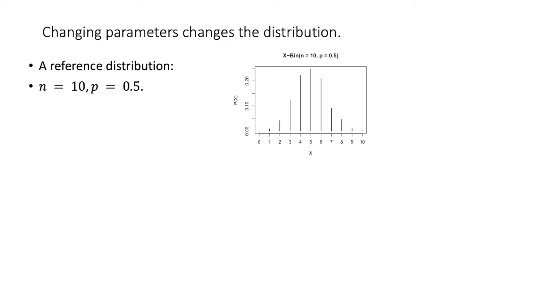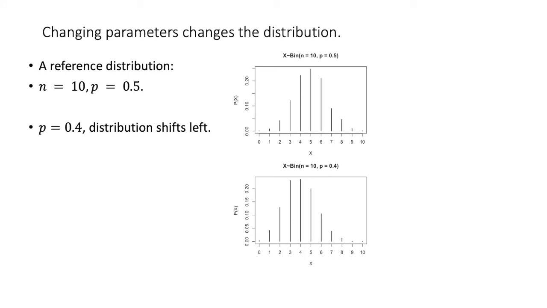For example, consider a reference distribution on your screens with n equals 10 and p equals 0.5. Then if we decrease p to 0.4, the distribution shifts to the left. This means smaller number of successes are more common. This makes sense because p equals probability of success and it has just become smaller.